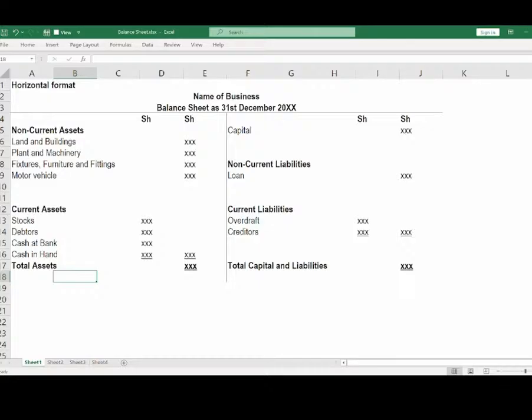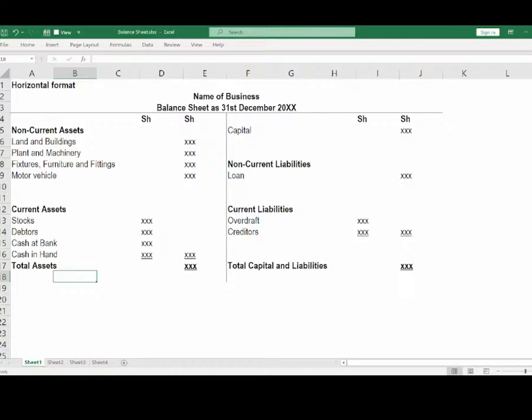Then on the left side, you have the assets, and the right side, you have the capital and the liabilities. So we derive this format from the accounting equation, where we know that assets equal liabilities plus equity.